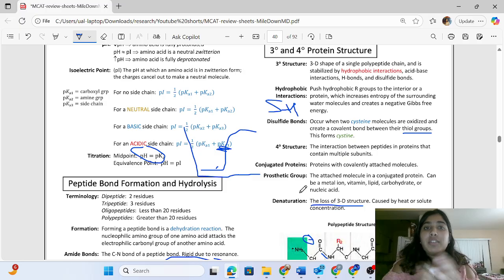For example, iron in hemoglobin gets attached to the protein, so iron is the prosthetic group and hemoglobin is the conjugated protein. Like I said, iron is a metal ion, but it could also be a vitamin, lipid, carbohydrate, nucleic acid, all these kinds of things.